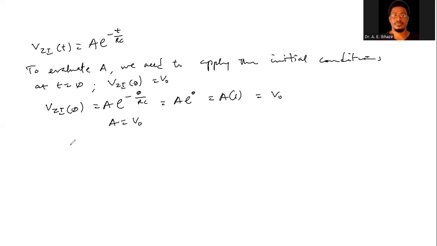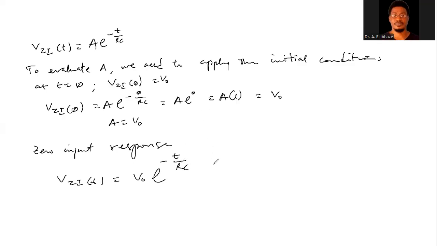So now the zero input response VZI(t) will be V naught e^(-t/RC), which can also be written as V(0) e^(-t/RC), where V naught is the same as V(0).